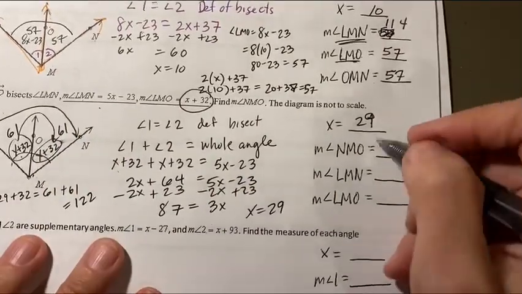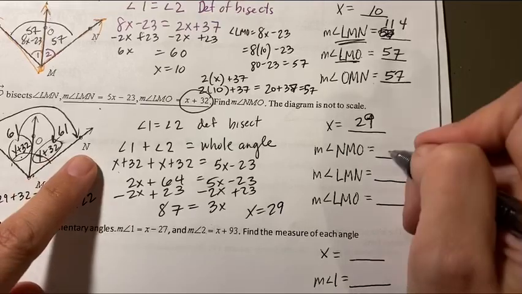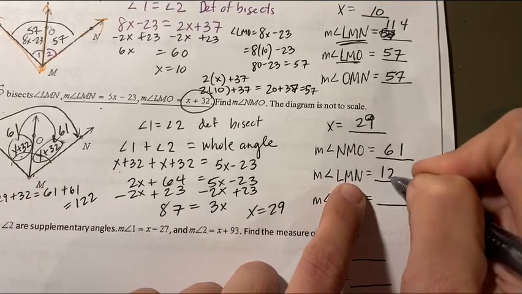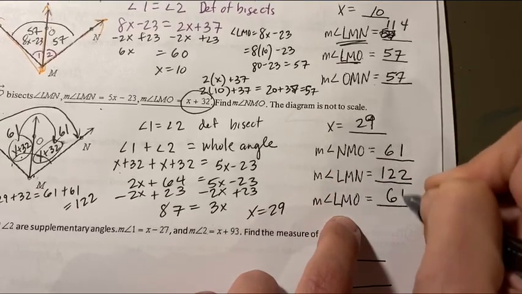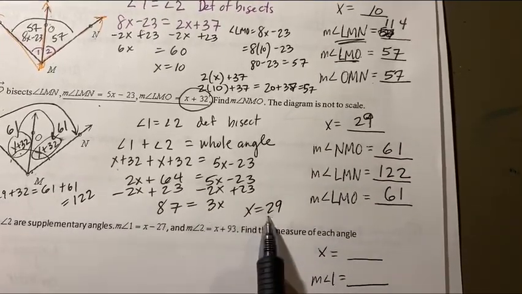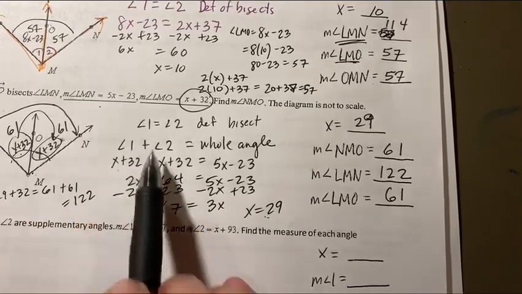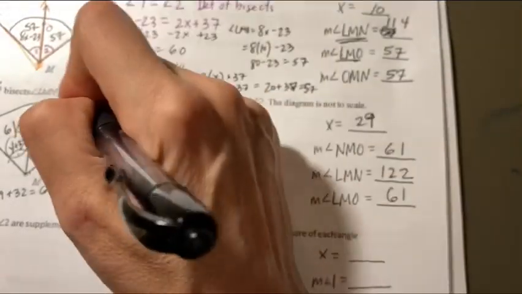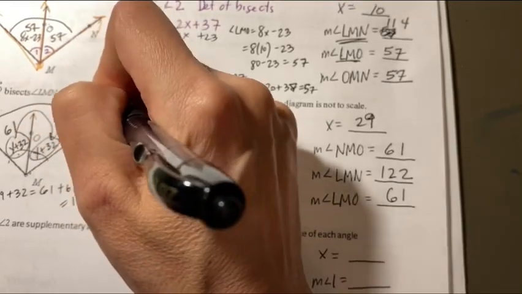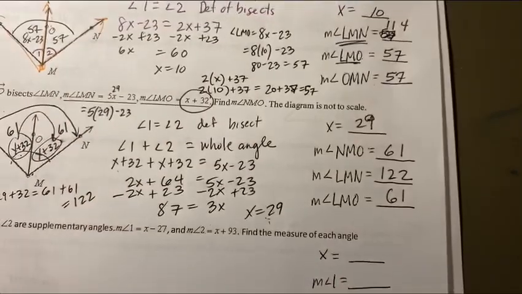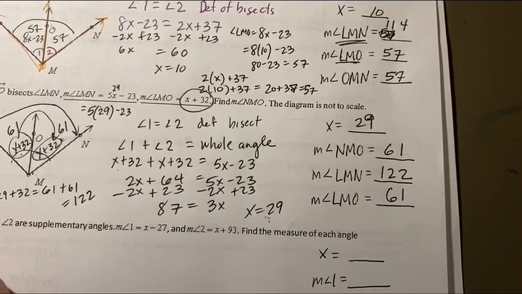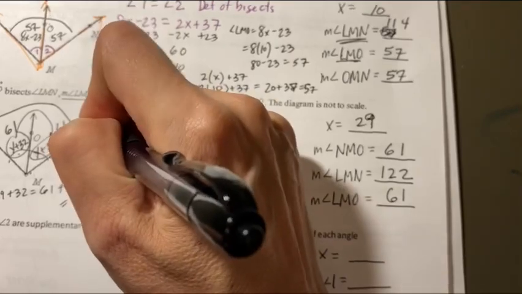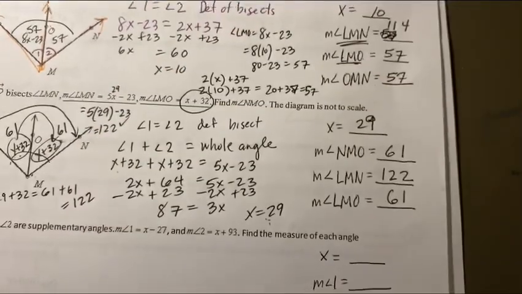Okay, so the first angle we think is 61, LMN we think is 122, and the other angle is 61. So let's double check it. If I plug in 29 for x in the whole angle, LMN, this will help me make sure I got the answer right. All right, let's plug that in. So 5 times 29 minus the 23. I get 122. That's what I was hoping for. So definitely we got that right.